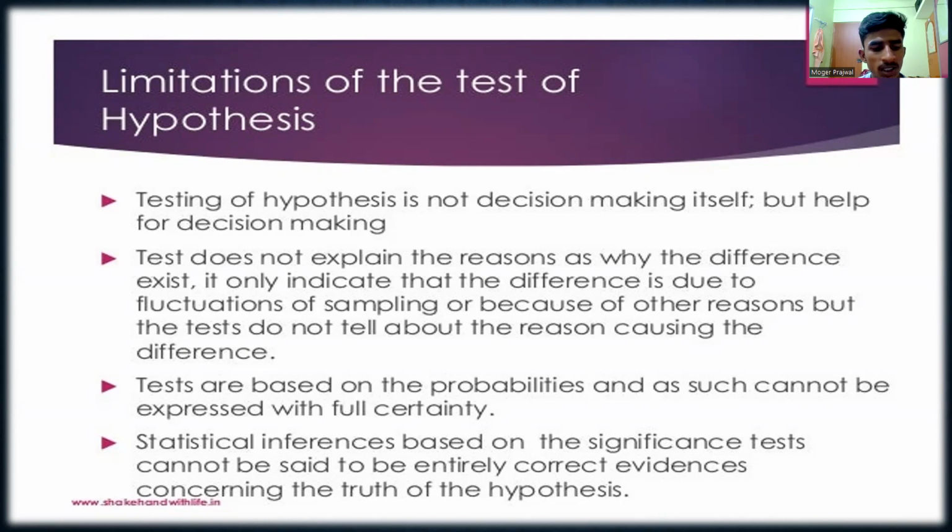And then tests are based on probability and as such cannot be expressed with full certainty. And the last point is that statistical inferences based on the significance test cannot be said to be entirely correct evidence concerning the truth of the hypothesis. These are the limitations of hypothesis testing.